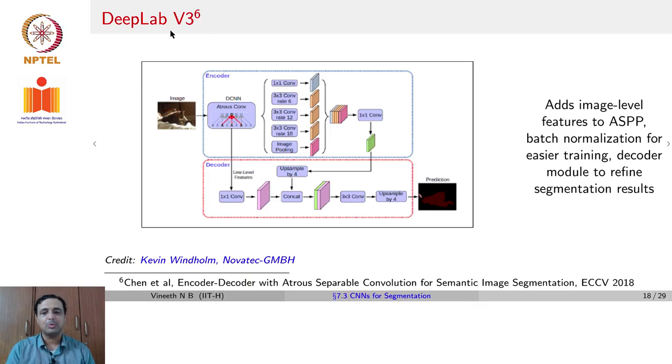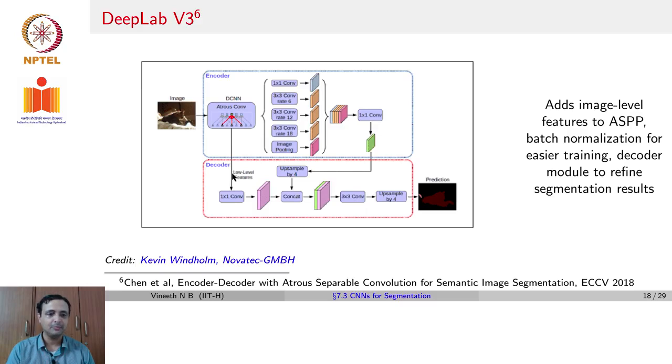In this DeepLab v3 module, image level features are also passed on to the ASPP module. There is batch normalization, which is used for easier training, and there is also an entire decoder architecture which is used to refine the segmentation results.